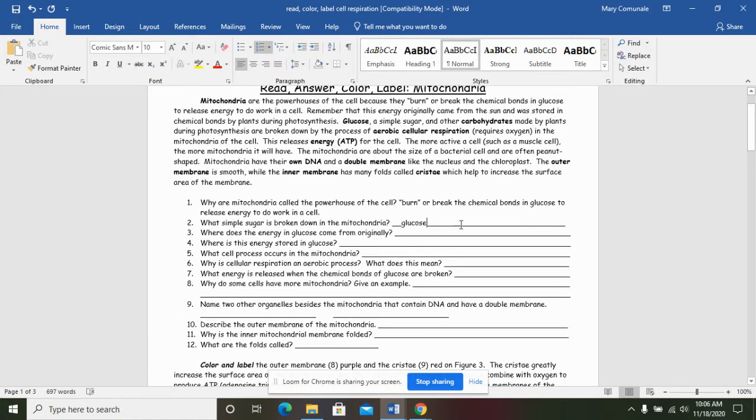Where does this energy in glucose originally come from? Originally, it came from plants during photosynthesis. Where is this energy stored in glucose?